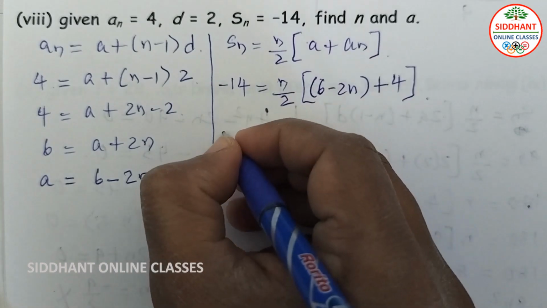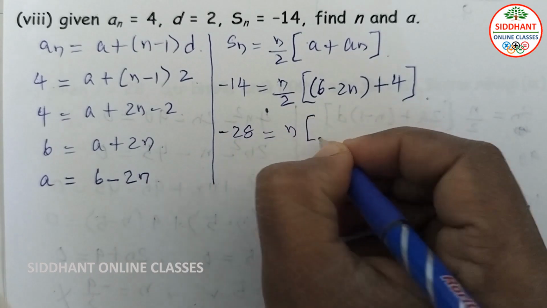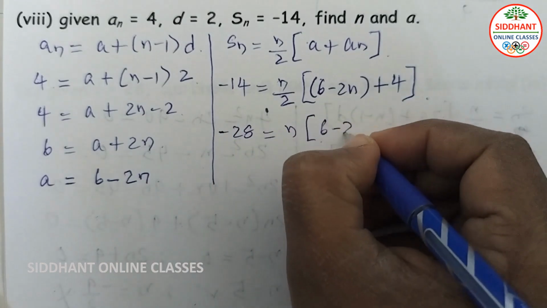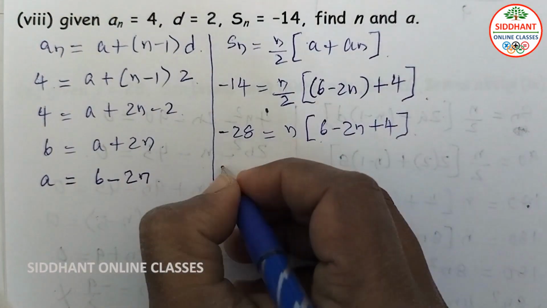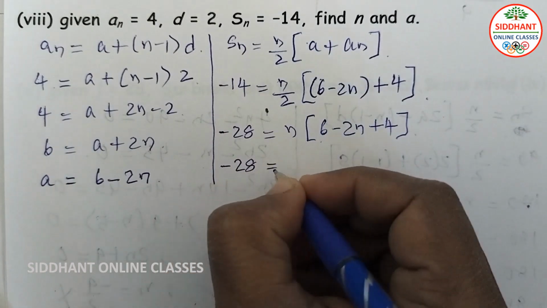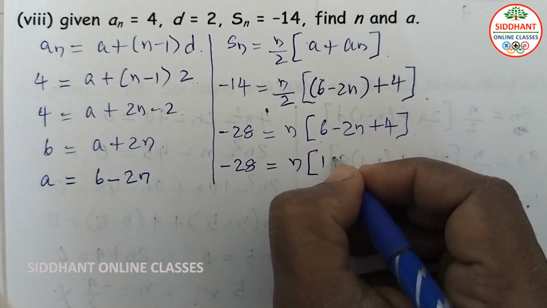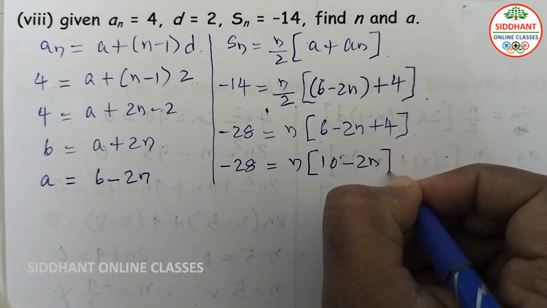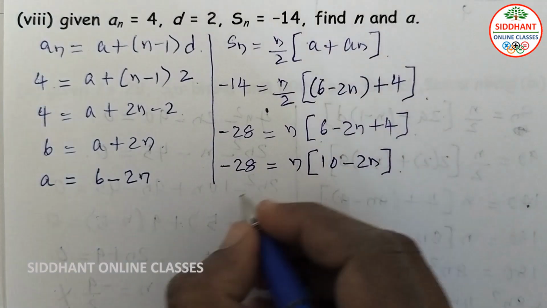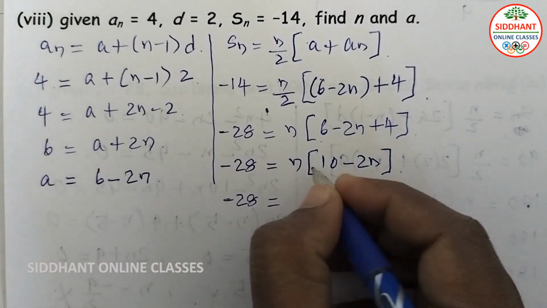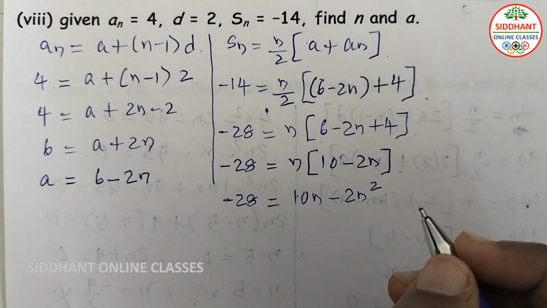So minus 14 into 2, which will be minus 28, equal to n into (6 minus 2n plus 4). So minus 28 equal to n into (10 minus 2n). So minus 28 equal to n into 10, which will be 10n minus 2n square.